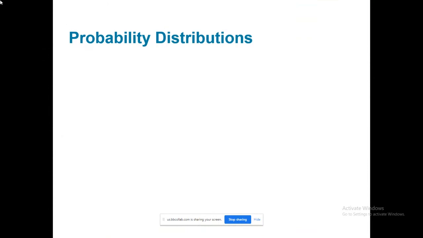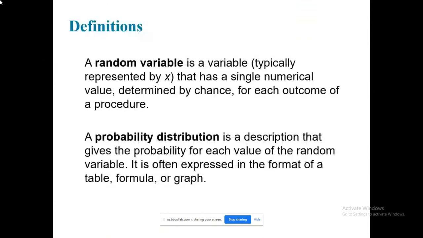All right, so in this lesson, we'll take a look at probability distributions. And here are just a couple of definitions. The first definition, and something you hear me say, is a random variable. A random variable is a variable, and a variable is anything that's unknown.